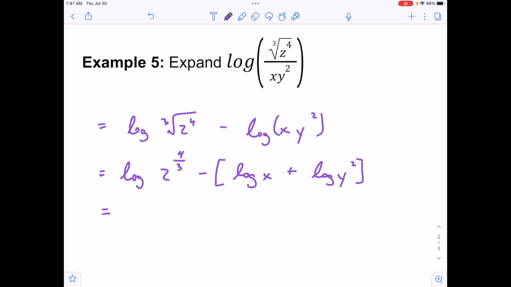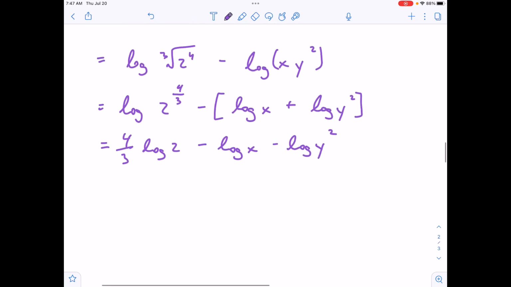With my first term here, it looks like I can bring my exponent out front now. That's nice and easy. So I'll have 4 over 3 log of z minus log of x minus log of y squared, and then for my very last step, I'm going to take my 2 on my y squared and bring it out front as well.